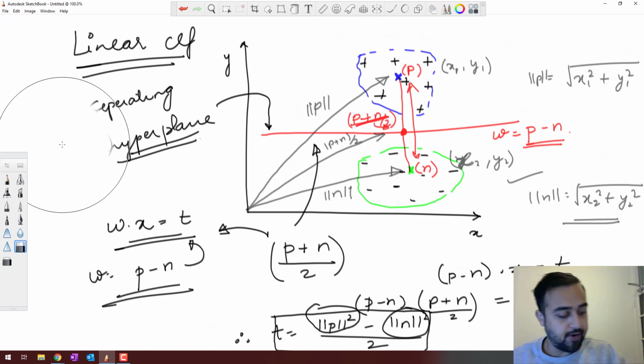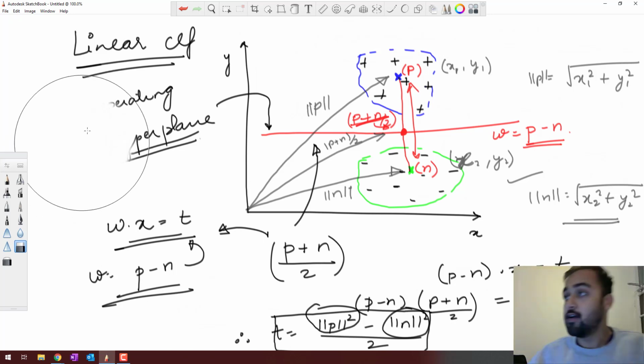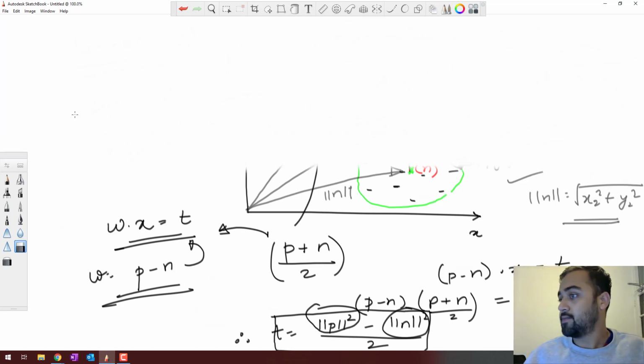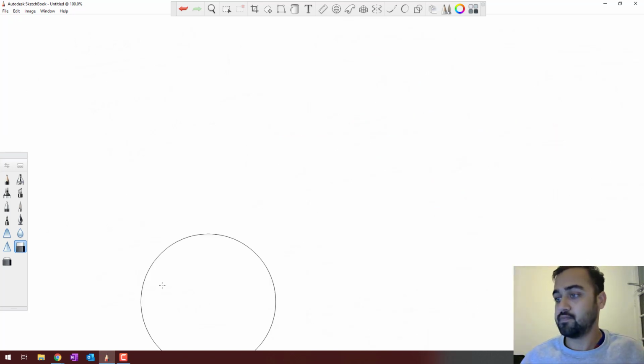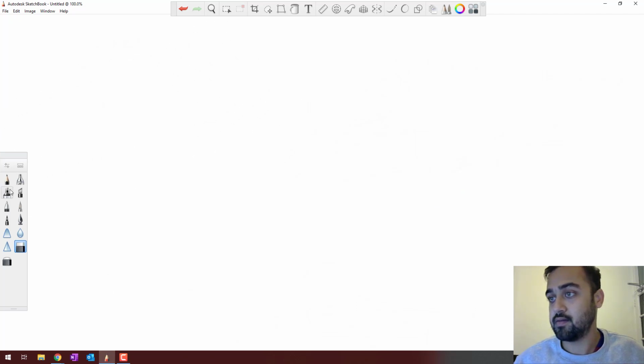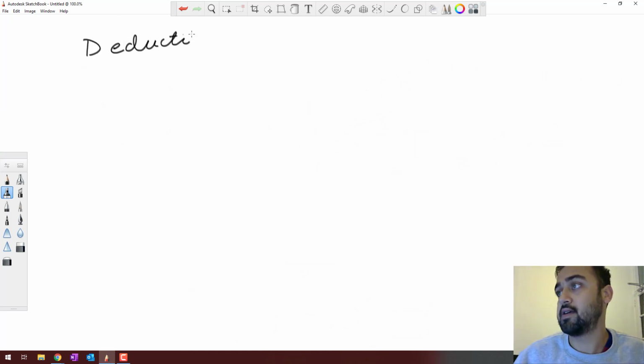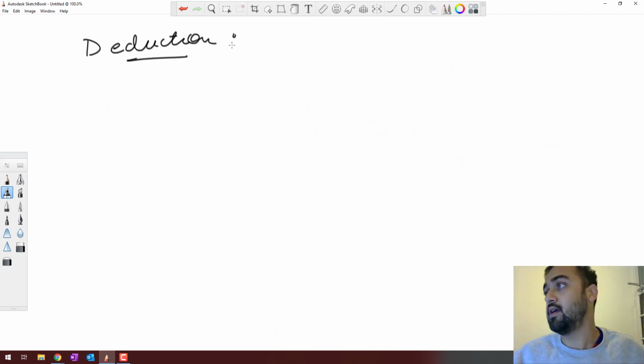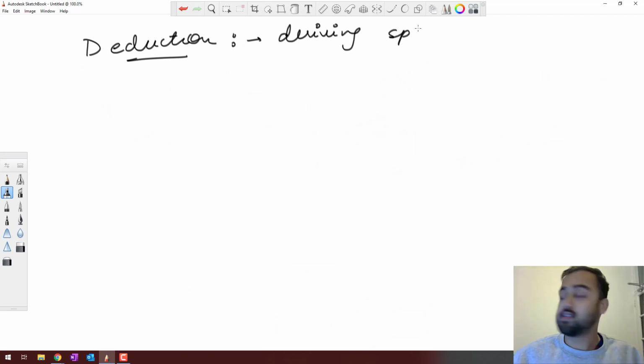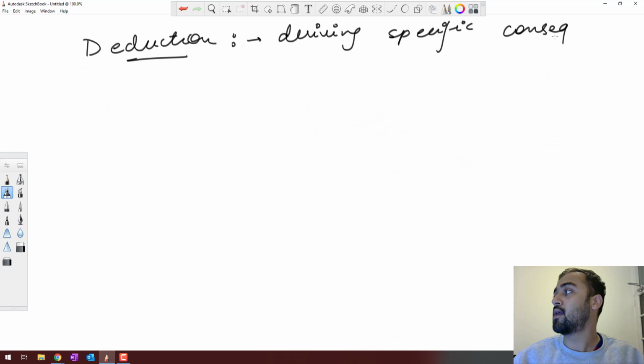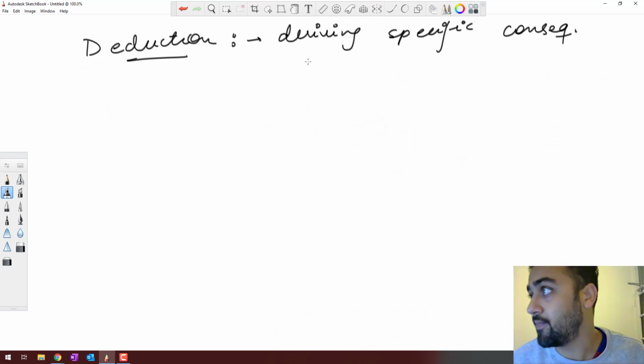Right? So now that brings us to a couple of definitions. What is deduction? Deduction is basically deriving specific consequences from general theory.